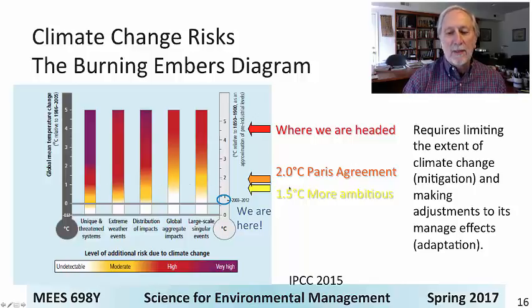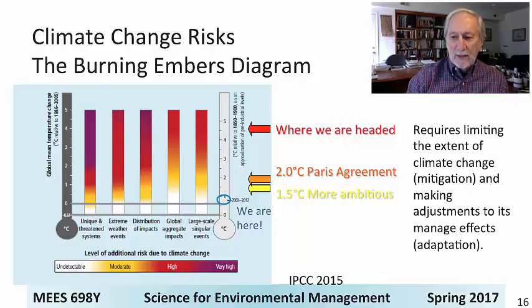So this is the basis of the Paris Agreement that you've heard about, done in late 2015, to take action to try to limit the increase in global mean temperature to no greater than 2 degrees C. At the end of that agreement, though, there was a thought that that's actually pretty risky as it is. And so there was another effort to try to be more ambitious and look at, can we actually keep the temperature from warming more than 1.5 degrees?